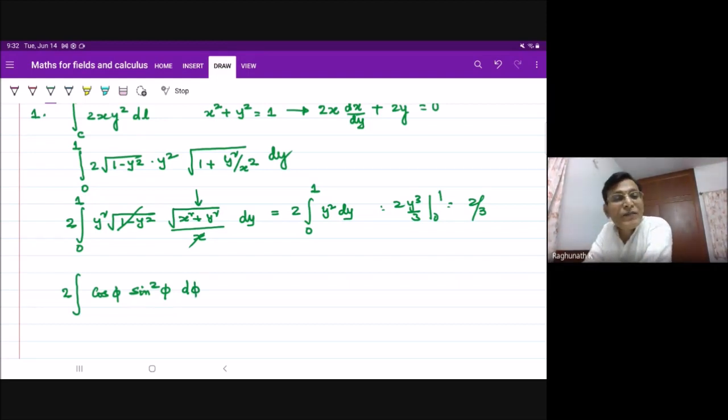See the beauty of it, how easy it is. The limits are 0 to pi by 2, correct? Phi varies from 0 to pi by 2. Along the circular path, dl is equal to 1 d phi. Now, this is where I want to show you the distinction if you use the appropriate coordinate system.